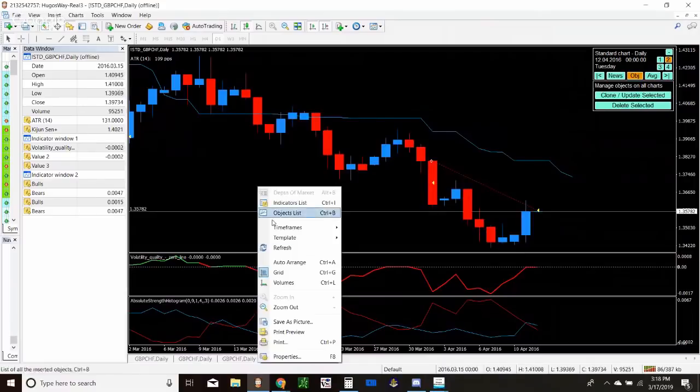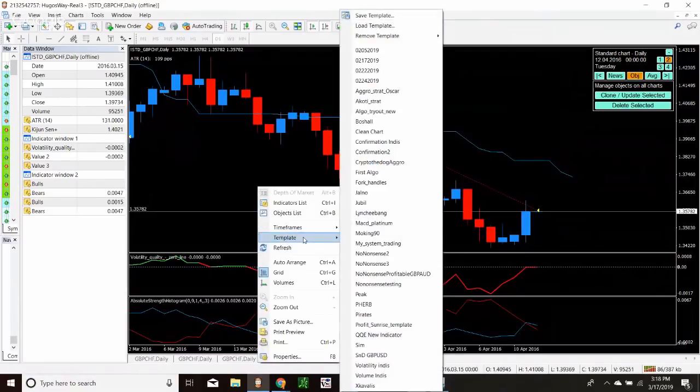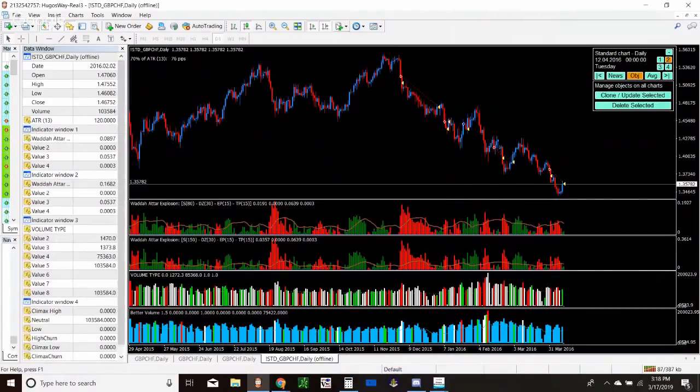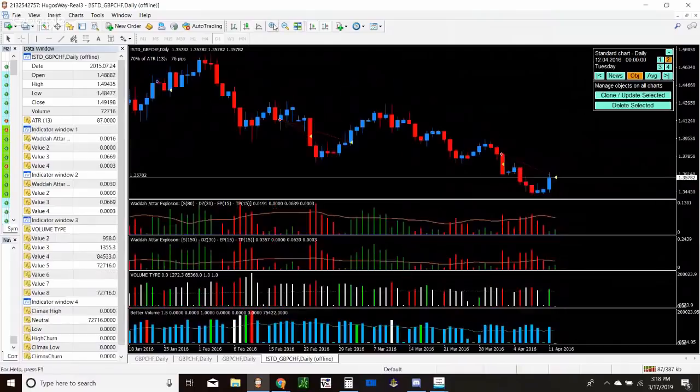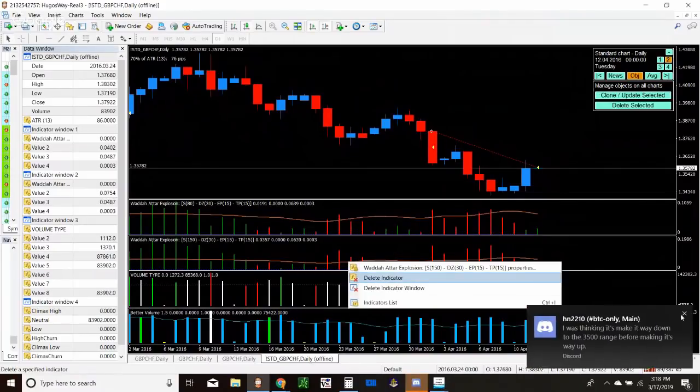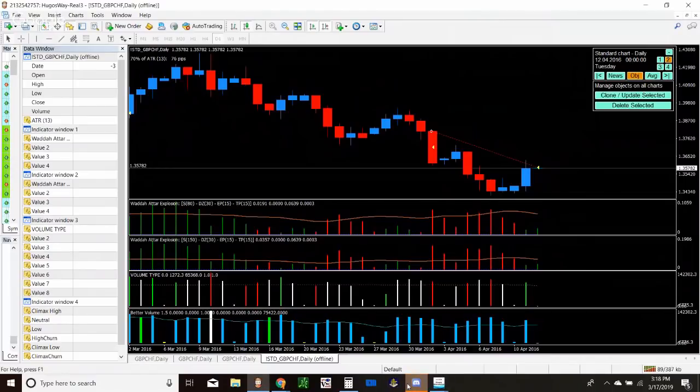Okay, so now let's go ahead and load our volume indicators. Okay, so volume indies here, I'll zoom in for you. I've got WA here, two different settings. This one is 80, and this one is set to 150. Sorry, let me turn off my Discord here.